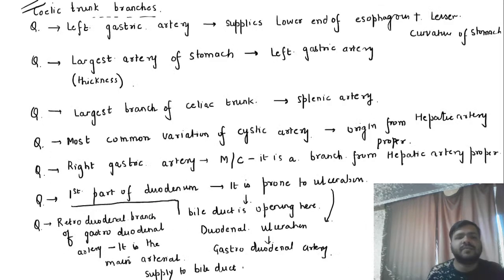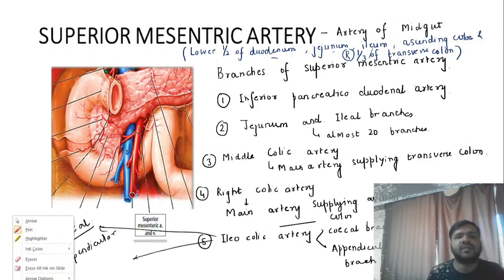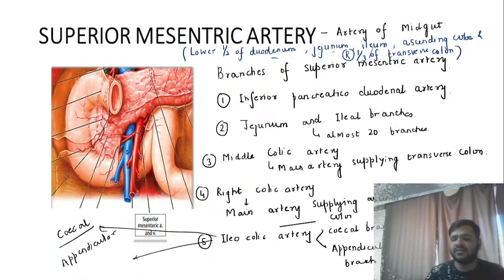So now let us start with the diagram, guys. Let us focus on the diagram over here. We are discussing the superior mesenteric artery. SMA basically stands for the superior mesenteric artery.